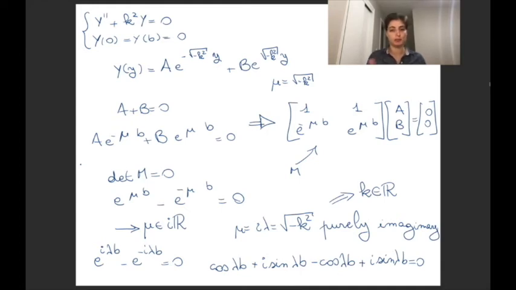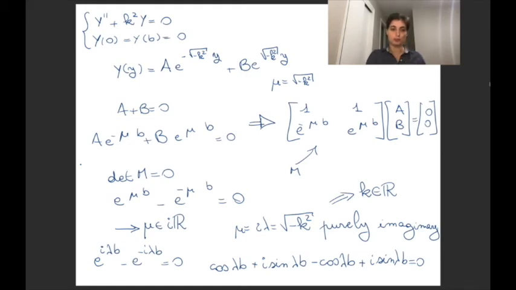And if mu is purely imaginary, then, backtracing, we need k to be real. Then I rewrite mu as i lambda, such that it is clear that it has only an imaginary component and no real component. Then I can write things out in explicit terms. The exponential of i lambda b minus the exponential of minus i lambda b is equal to 0.